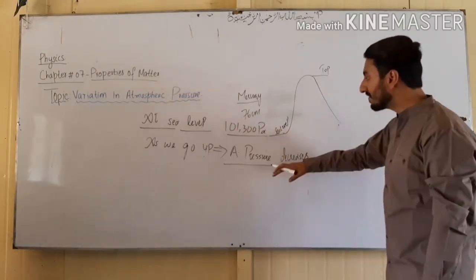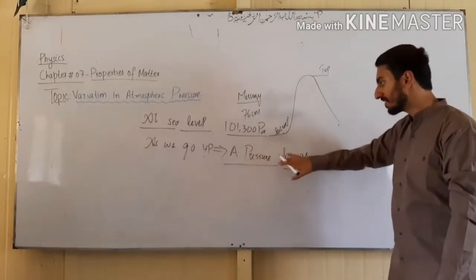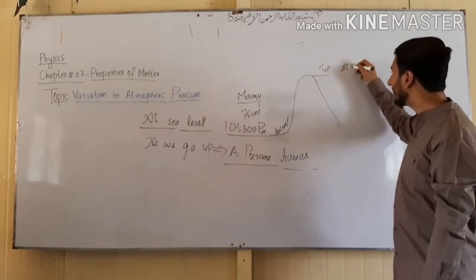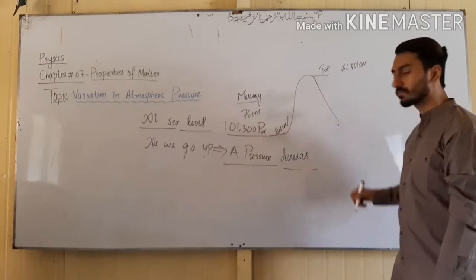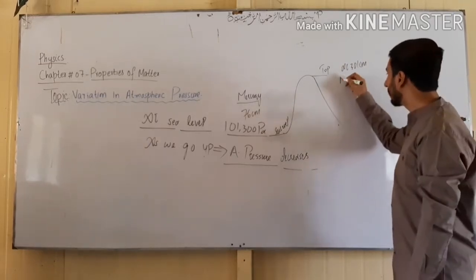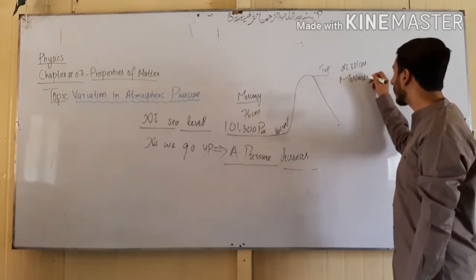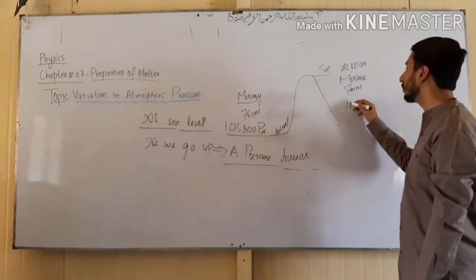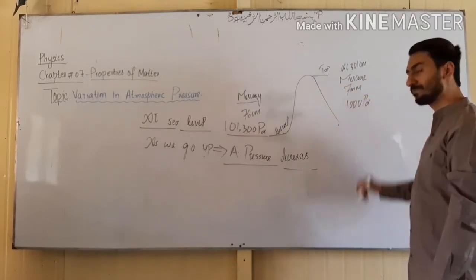So, as we go up, atmospheric pressure decreases. How does it decrease? At every 30 kilometer, mercury becomes 7 millimeter, which is equal to 1000 Pascal.